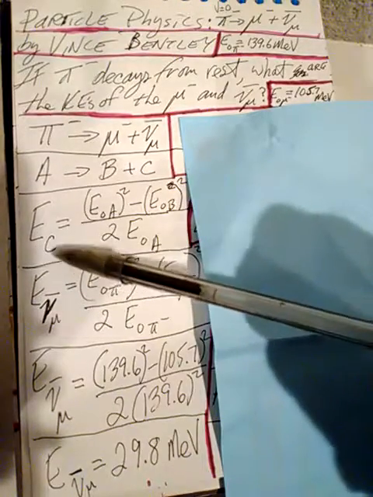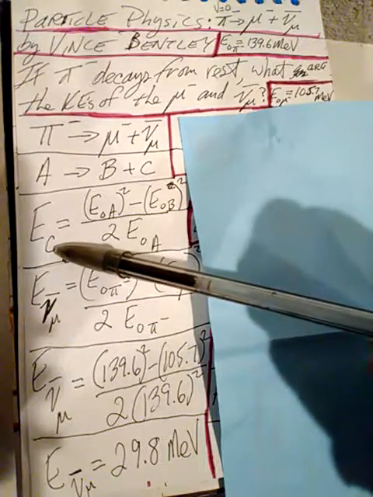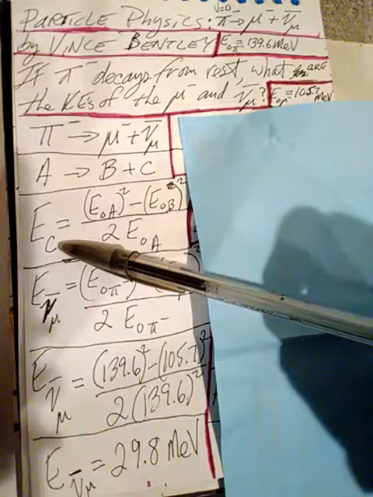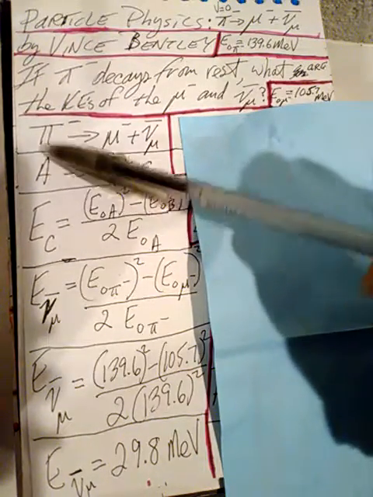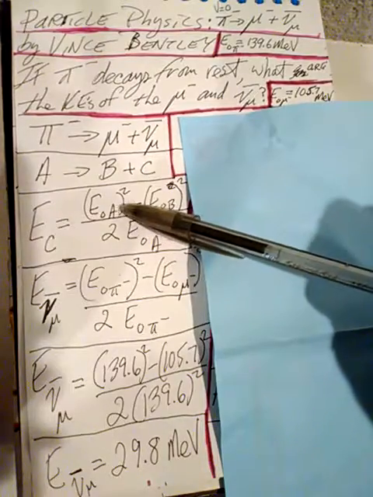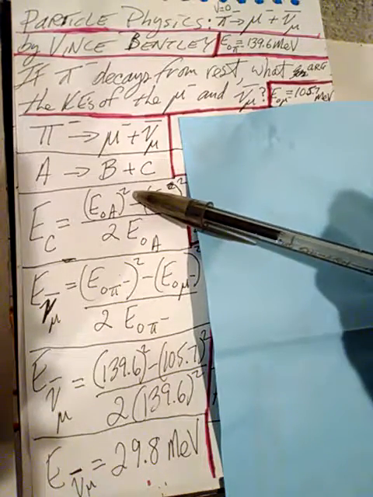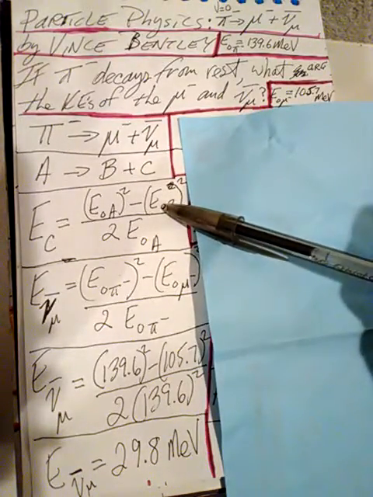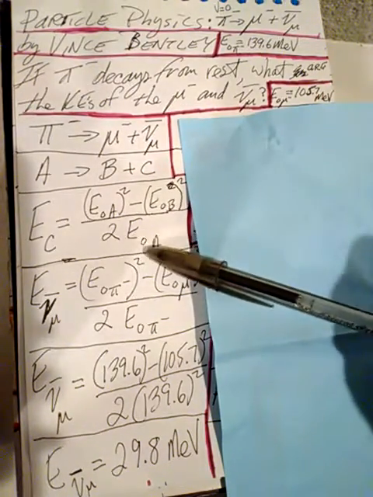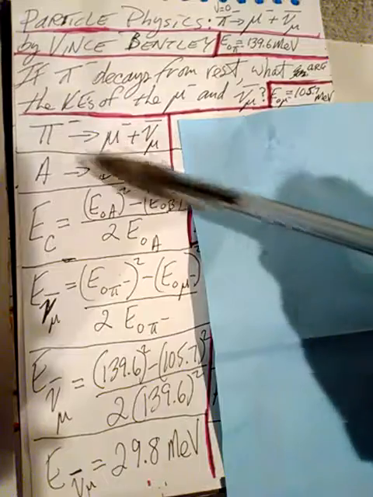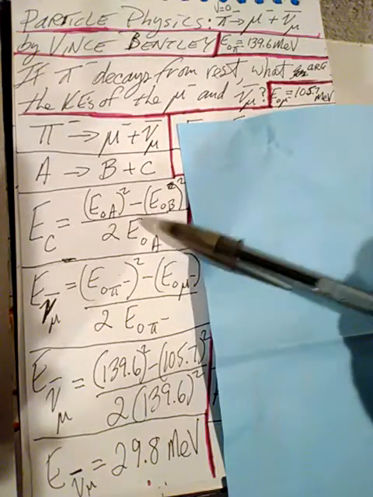The energy of C, that's the total energy of the muon neutrino, is the rest energy of A, the pi minus meson, squared, minus the rest energy of B squared, over 2 times the energy of A, the pi meson.